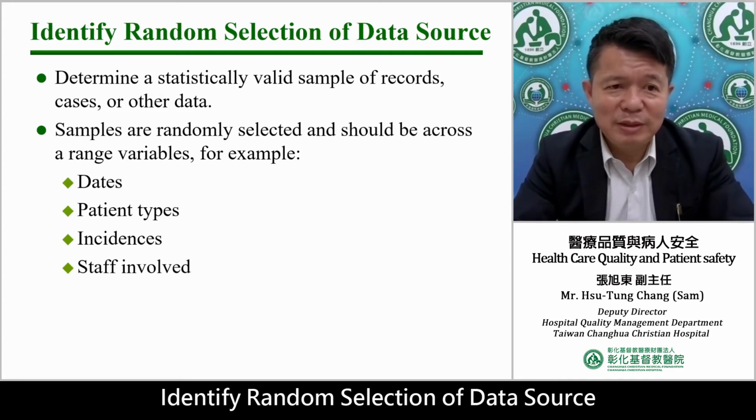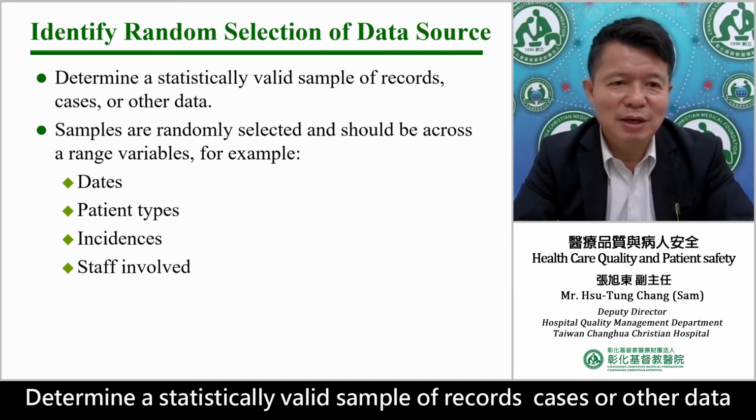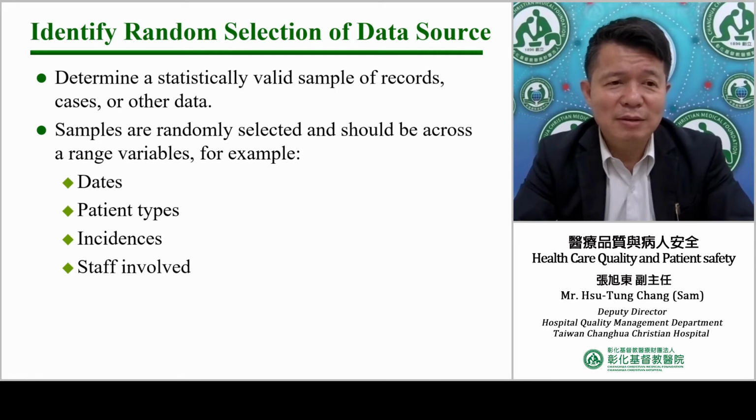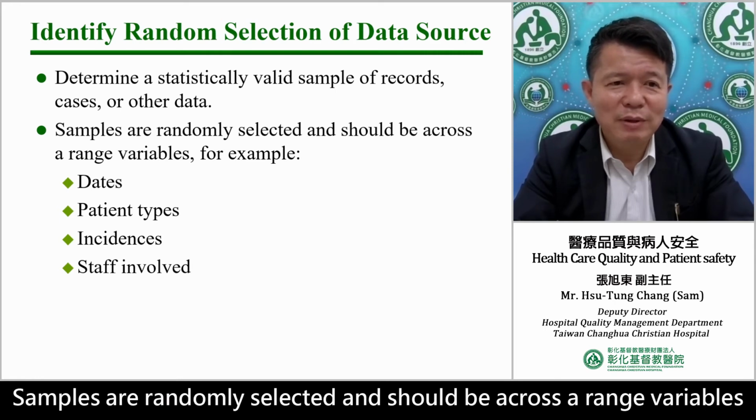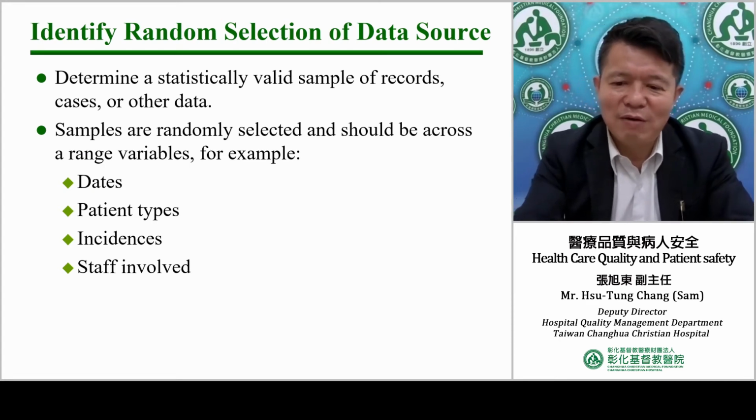Identify random selection of data source, and determine a statistically valid sample of records, cases, or other data. Samples are randomly selected and should be across a range of variables, for example, deaths, patient types, instances, and staff involved.